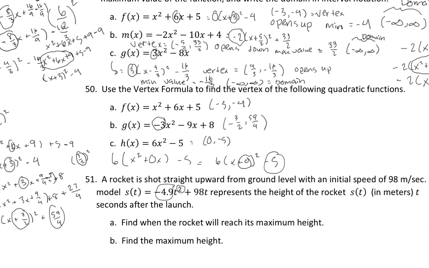So if we think about this, remember the x is time, and the y is going to be height. So then when the rocket will reach its maximum height is going to be at 10 seconds, right? Or 10 seconds after it's launched. So I'll say 10 seconds after the rocket launch.